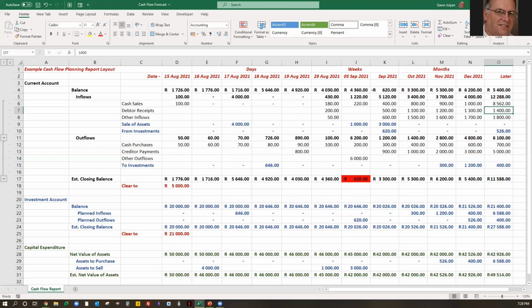Otherwise, I lump everything together, because you can also get into an admin loop where you're so busy doing admin, you're actually not doing any work. And you won't be able to lose the specific weight of the project in the rest of the figures if you lump it together.